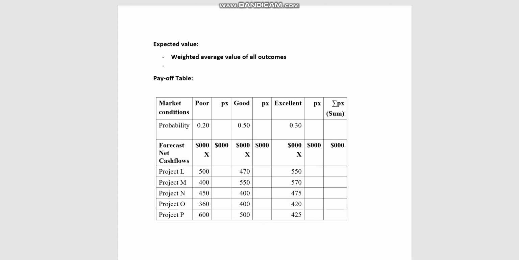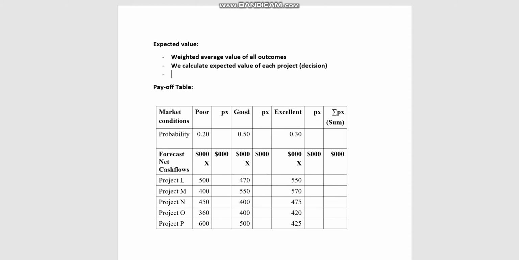And when there are different projects like L, M, N, etc., we calculate expected value of each project, or to be a bit wider in understanding, of each decision, that should we choose L or should we choose M. So for each decision under consideration, we calculate expected value.